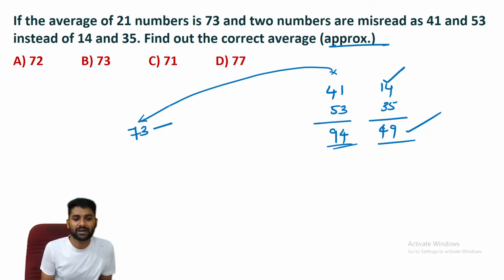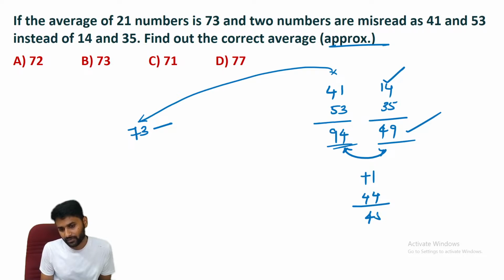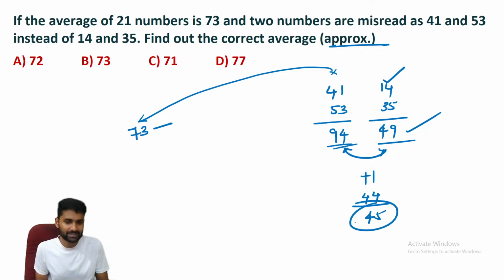So how much is the average decreased? Now see, the difference of 49 and 94 is exactly equal to 45. Means they took 45 extra units in the count. Those values you have to substitute. If the count is 45, for the average you have to divide by 21. So 45 divided by 21 is approximately a value of 2.